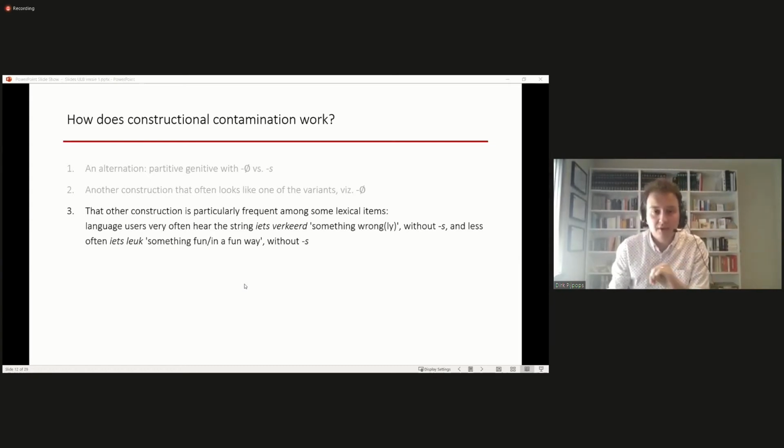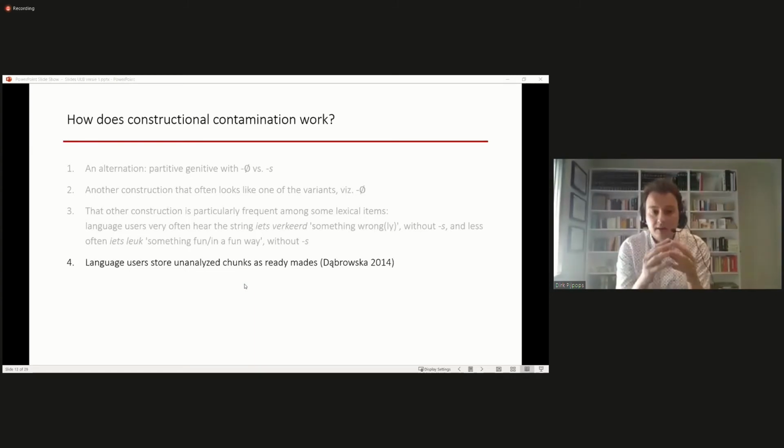All right, so that's step 3. And then step 4 is that language users store unanalyzed chunks of language as ready-mades in their memory. So they store the entire chunk, iets verkeerd, as such in their memory. And they also access this chunk as a whole, as an unanalyzed whole, when they're producing language.